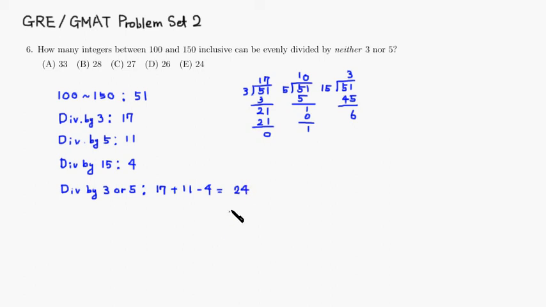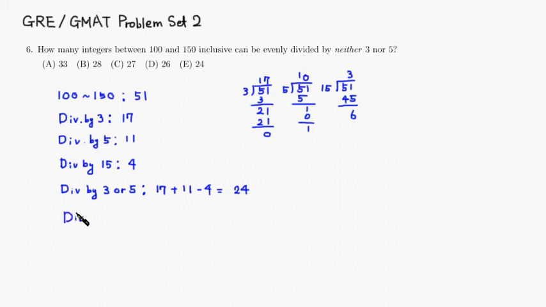To answer the question, how many integers between 100 and 150 are evenly divisible by neither 3 nor 5 would be the opposite of this. So you have to subtract 24 from 51.